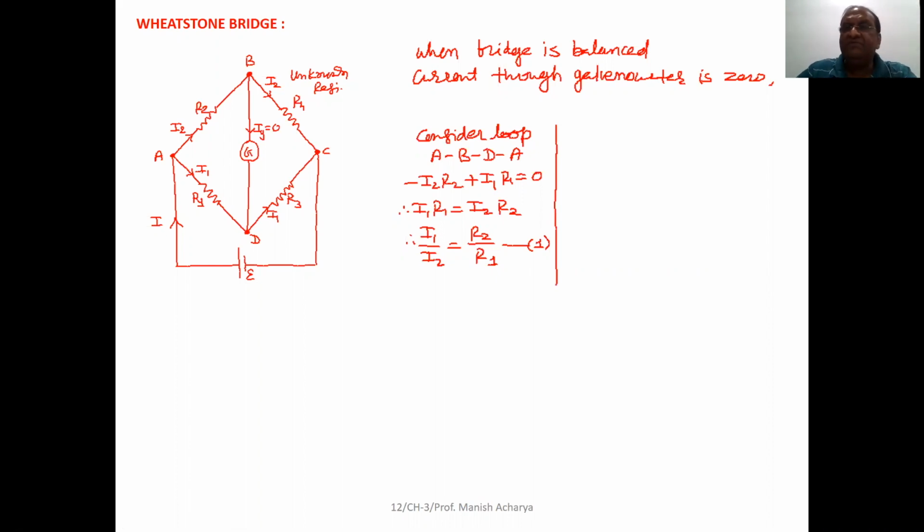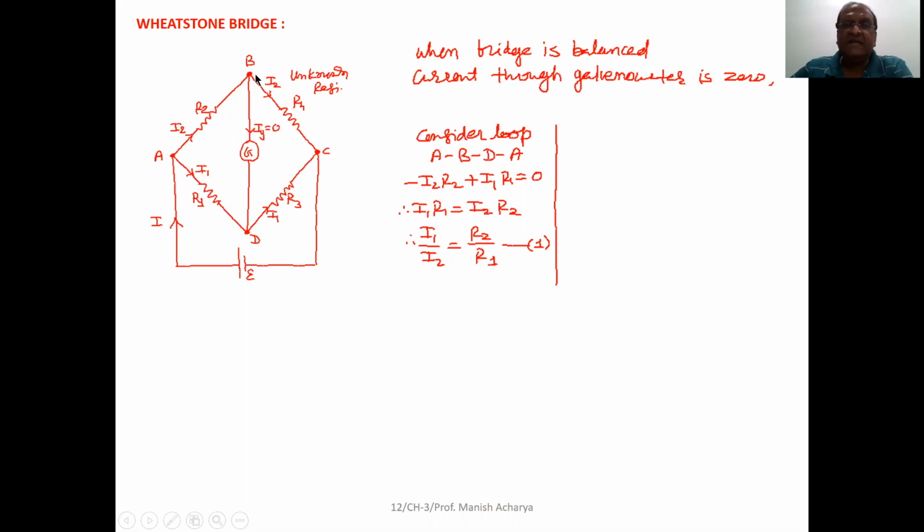So potential difference is 0 in that branch. Now D to A, you are moving in the opposite direction of current I1 through resistor R1. So potential difference I1 R1 that is taken positive, that is equal to 0. So we can write I1 R1 equal to I2 R2. Therefore, I1 upon I2 that is R2 upon R1. Say this is equation number 1.